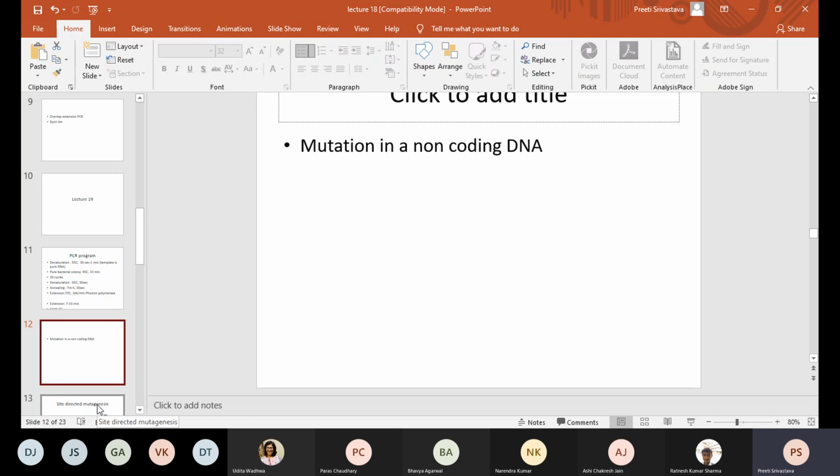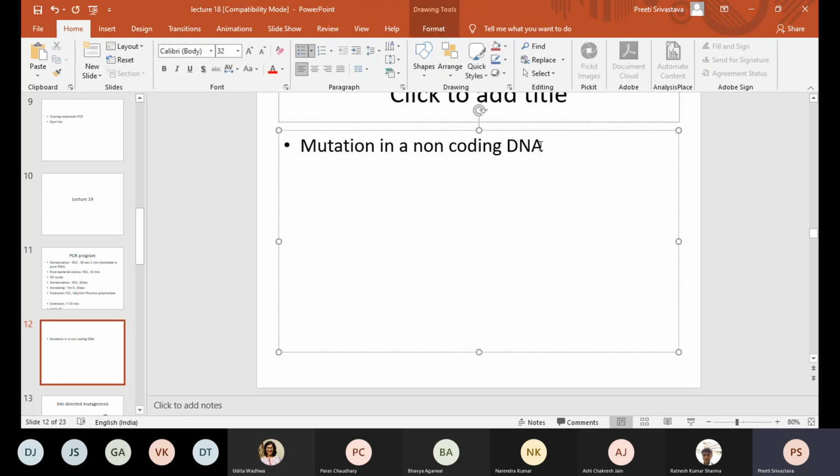So all of these things are usually commercially available. For example, we buy polymerase from New England Biolabs, NEB is the name of the company, or you buy from Invitrogen.